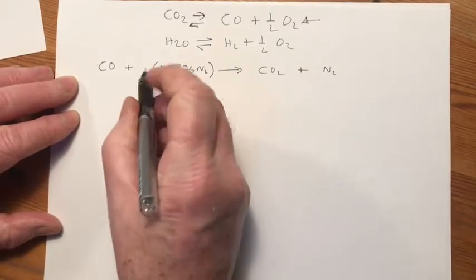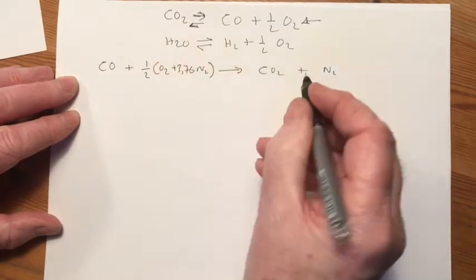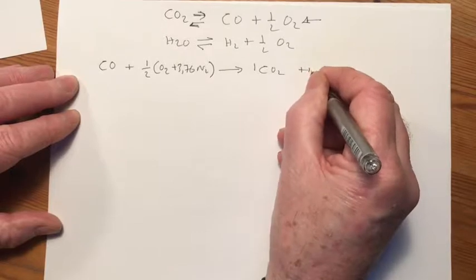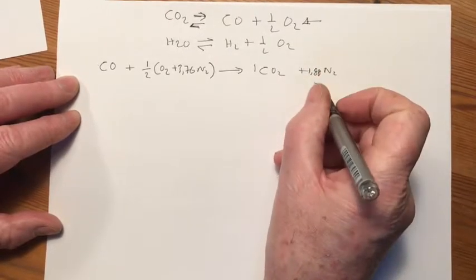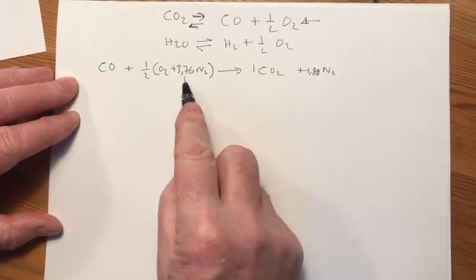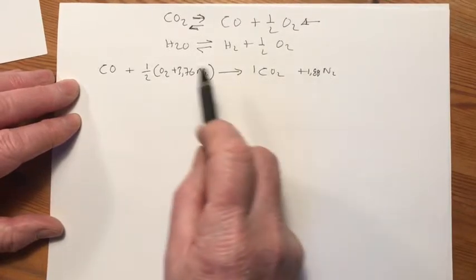Now if we do the balancing up, we'll find out that this coefficient becomes a half, this one becomes 1, and this one becomes 1.88 here. Now the N2 is going directly, half of this one over here, directly over to N2 over here.